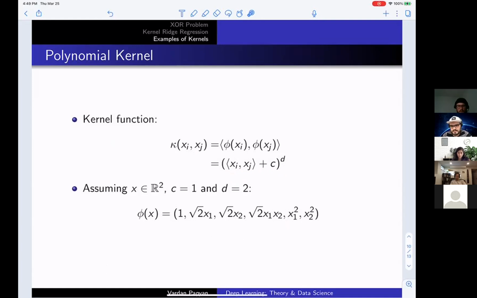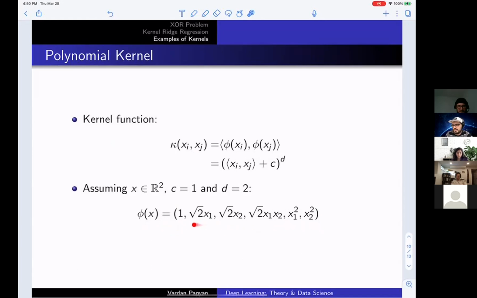But behind the scenes, if you calculate this k(xi, xj) to be equal to that, you can actually prove that it's equivalent to calculating an inner product between phi of xi and phi of xj, where phi of x is this long vector. In this long vector, you have different polynomials which have a single term, monomials.